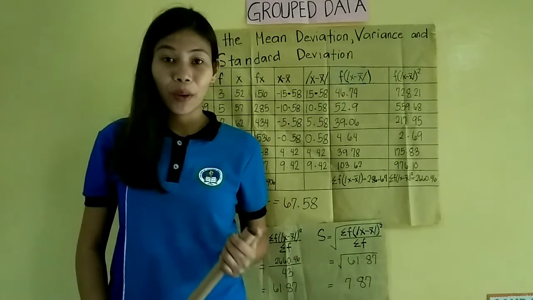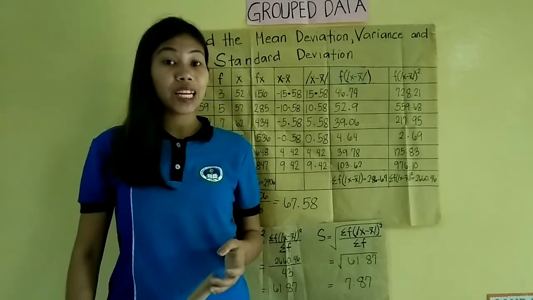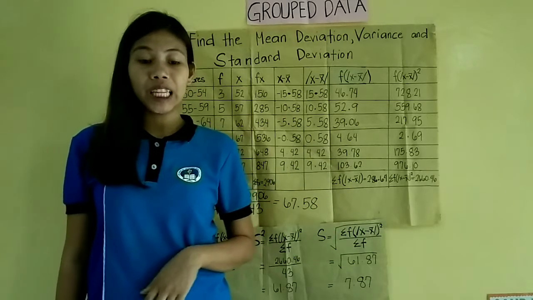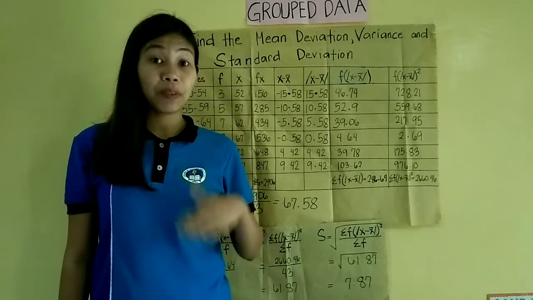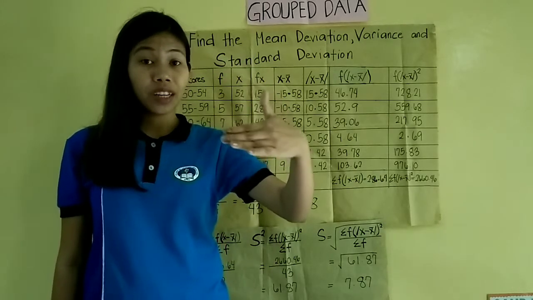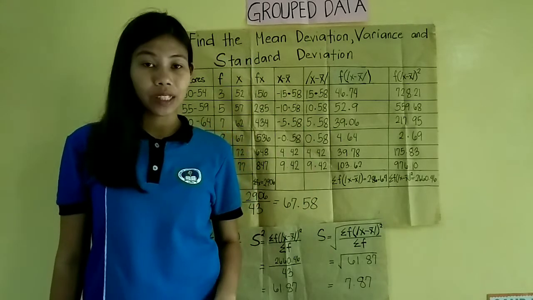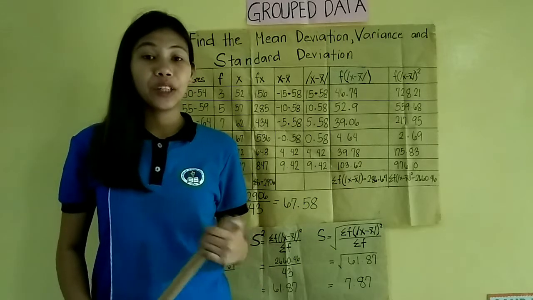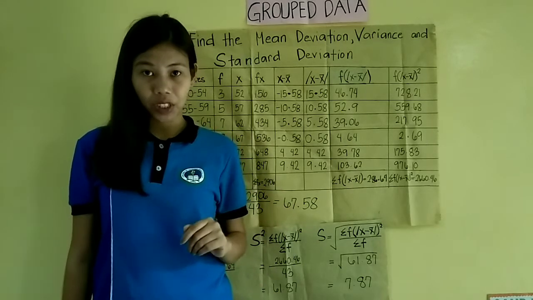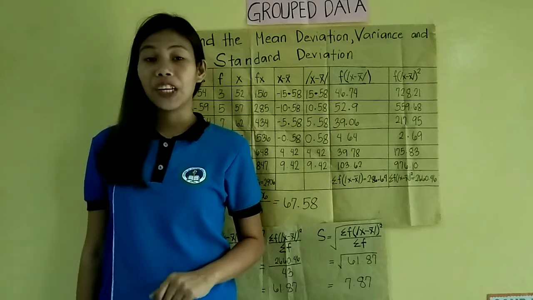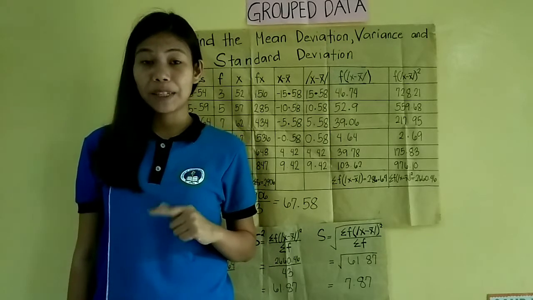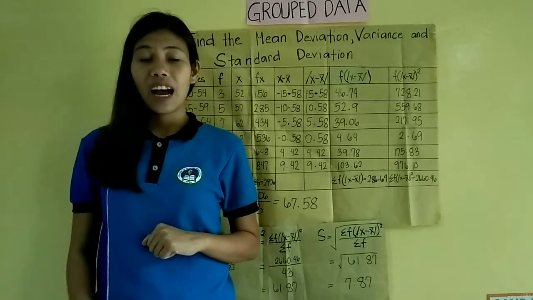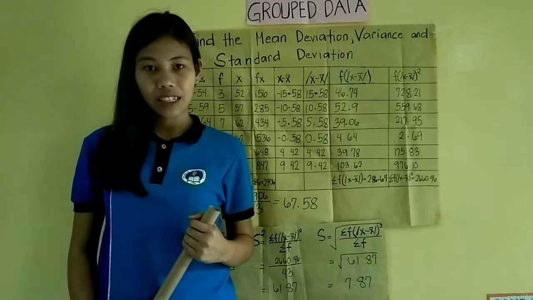And now let's recall the formulas in finding the measures of variability. Simply, range is just you have to subtract the lowest score from the highest score. Now, in ungrouped data, how do we find the mean deviation? Very good. Summation of the quantity absolute x minus mean over n. How about in finding the variance?